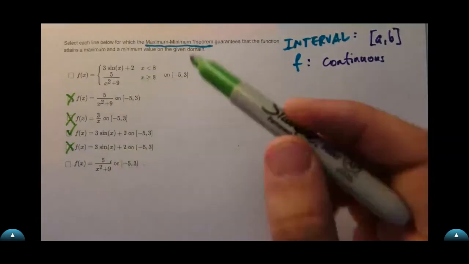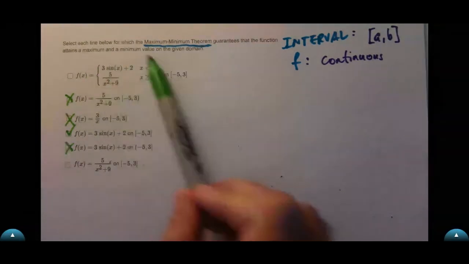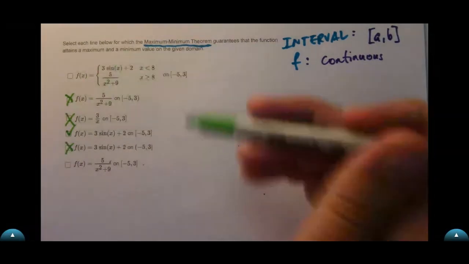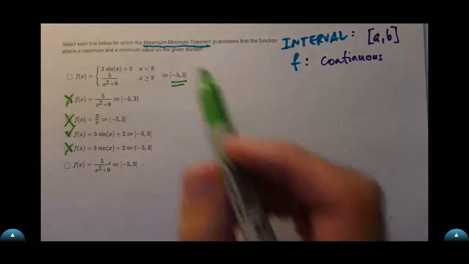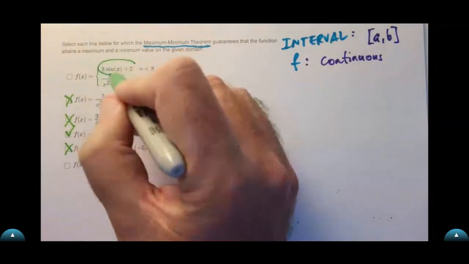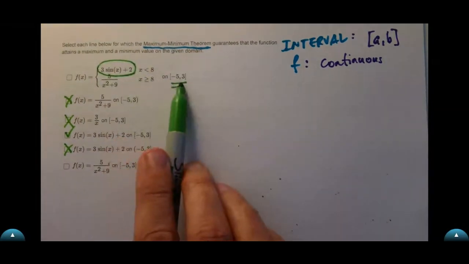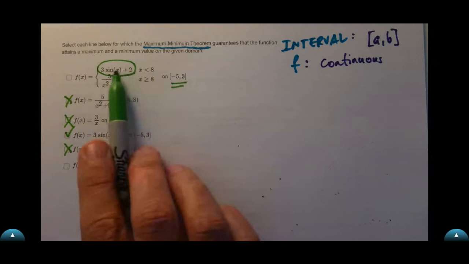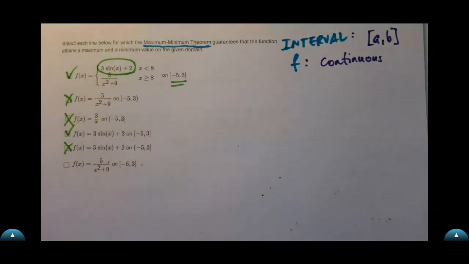So what about the first and the last? The first one looks crazy, but on this interval, it's a closed interval, right? And this is my function. On this interval, it's a closed interval and this is continuous. So I can definitely do the max min theorem there.